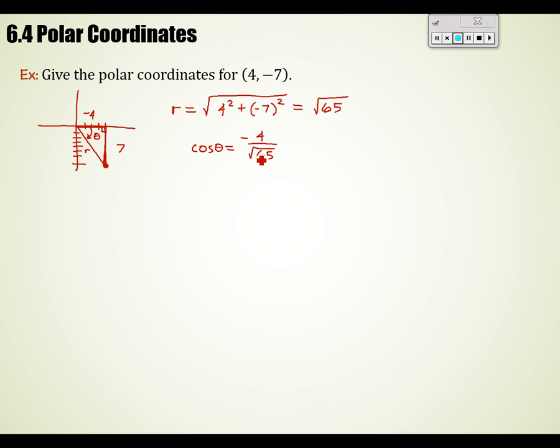Excuse me, I wrote this wrong here. And the sine of theta is equal to -7 over root 65. That would be true. But still, I'm wondering, what is theta?